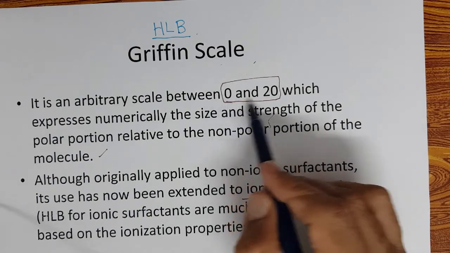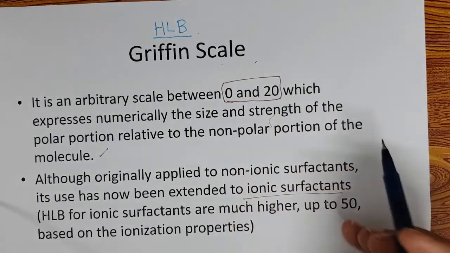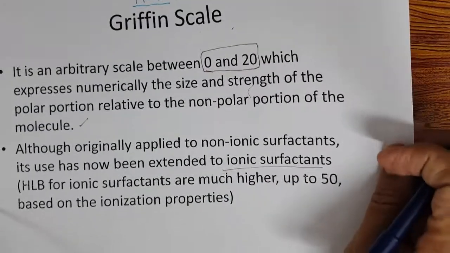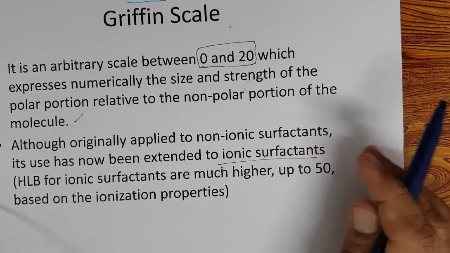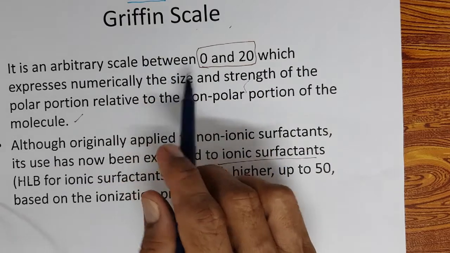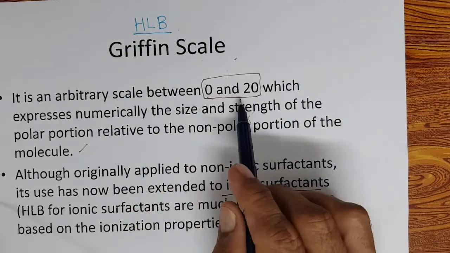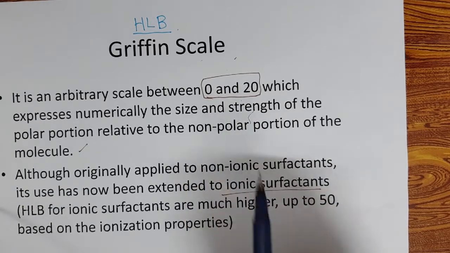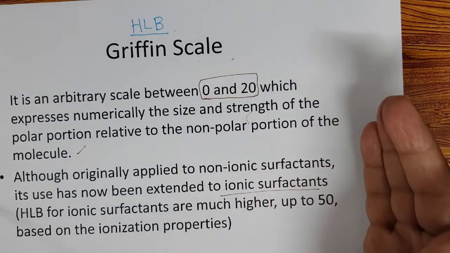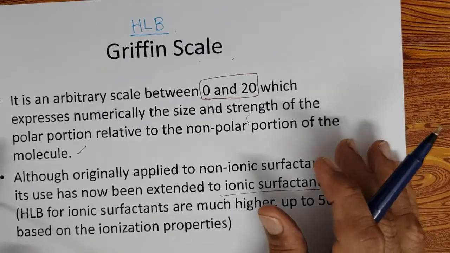That is the arbitrary scale, 0 to 20. But now some of the ionic emulsifiers have an HLB of 40, right? It goes as high. When Griffin formed this scale, it was only for non-ionic emulsifiers of 0 to 20. That's why he fixed the scale as 0 to 20.